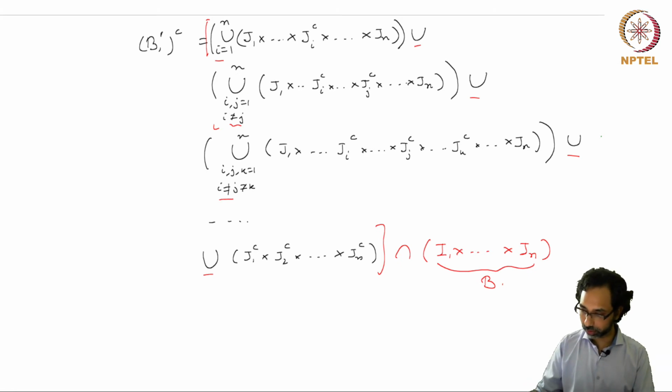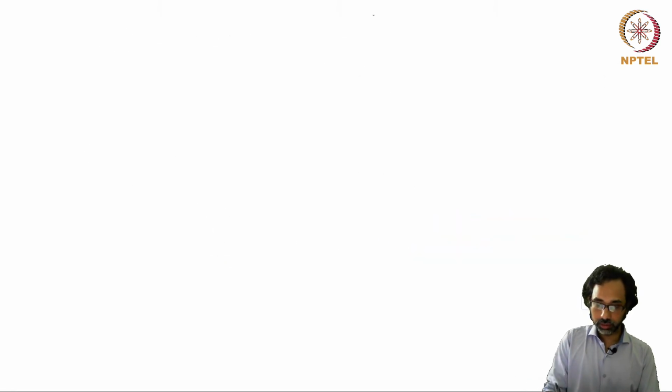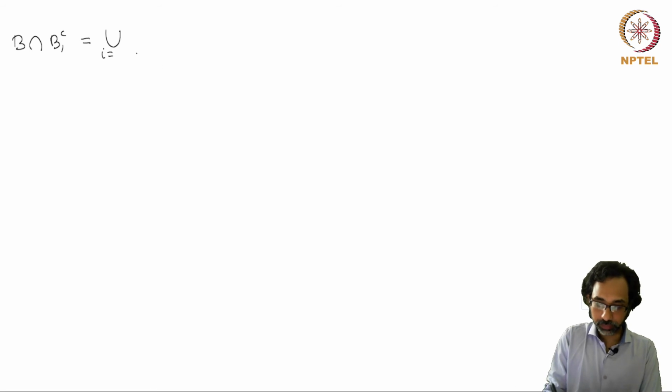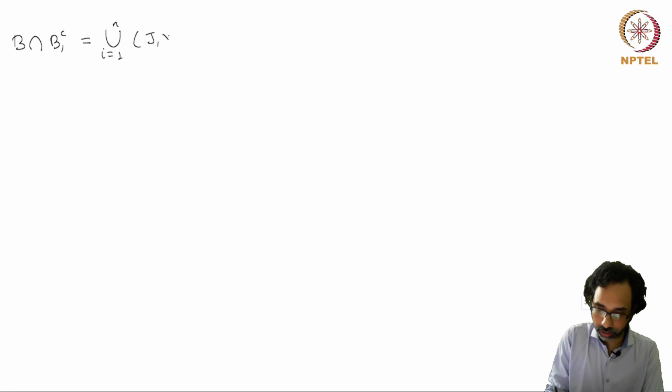So let's write this down carefully. So you have union over i, so this is I am computing B intersection B1 complement. Okay, so this is i from 1 to n, J1 cross, the complement should be on the ith, Ji complement cross Jn.